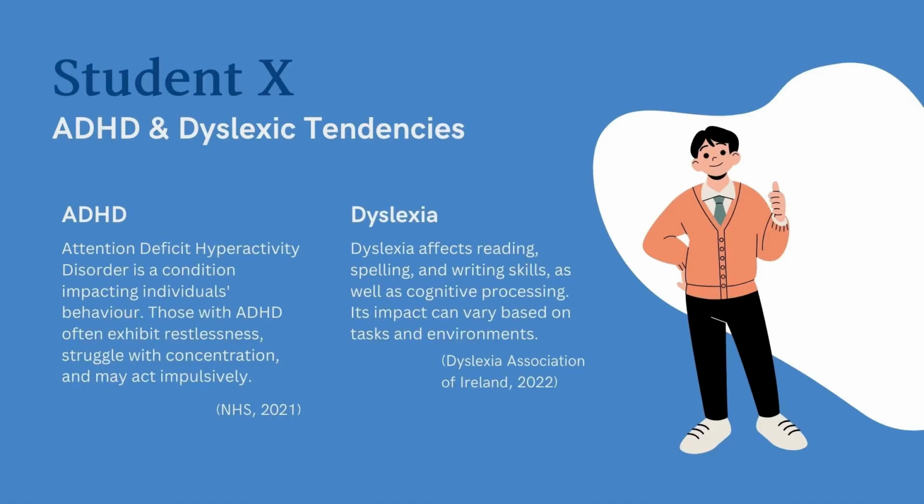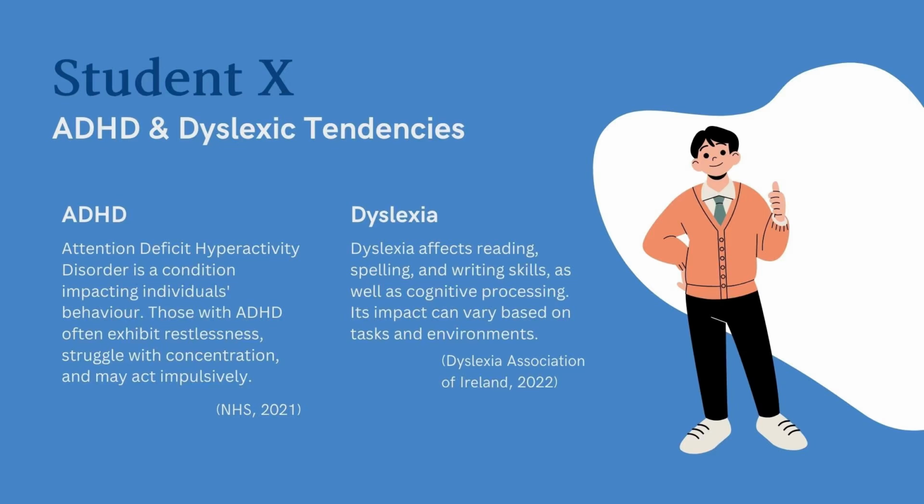Meet Student X. Student X does not have any specific diagnosis of any learning difficulty, but instead presents with mild ADHD and dyslexic tendencies. This is evident in his behaviour and ability to concentrate and comprehend written information.